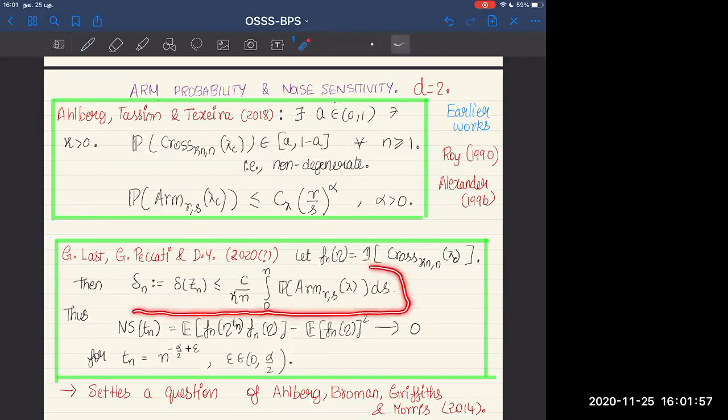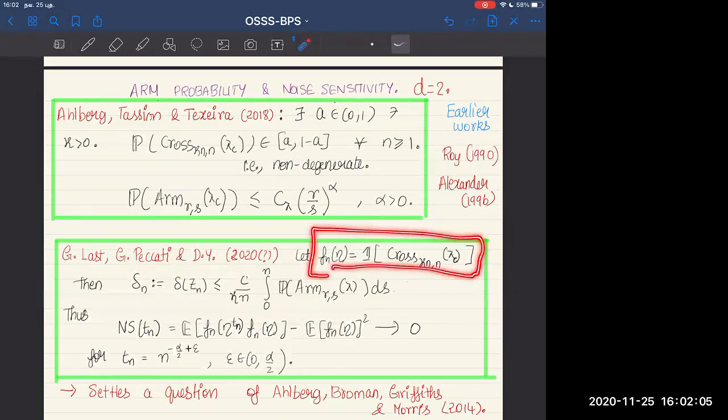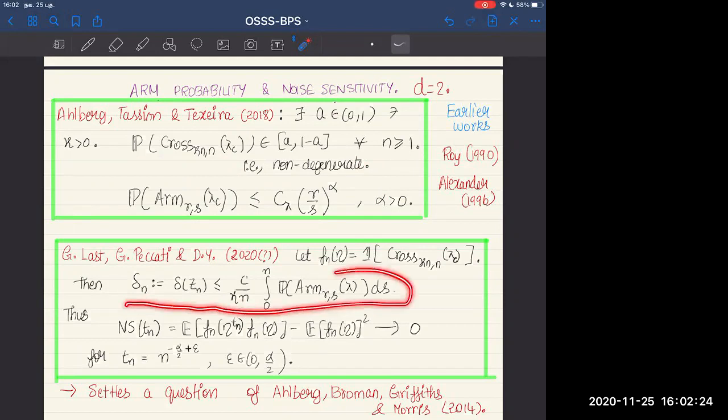So we can come up with a stopping set, which is an adaptation of the stopping set I gave in the previous talk, except now for crossing. Now I'm asking for crossing events, so the indicator that there is a crossing. This function is non-degenerate because of this. This implies non-degeneracy. And now my smart stopping set has this probability.